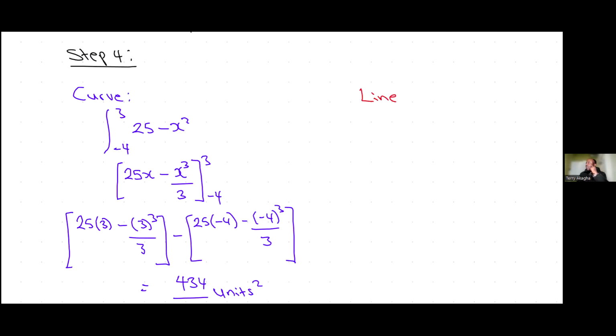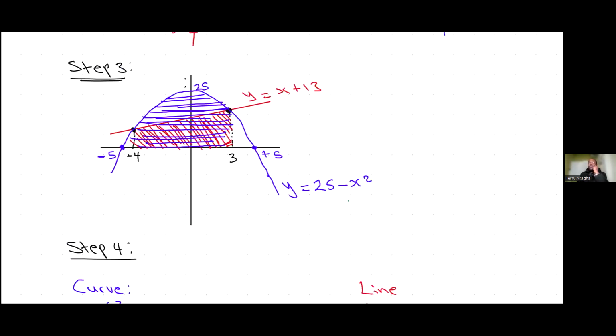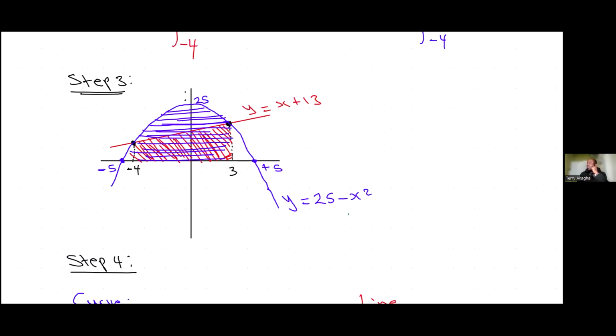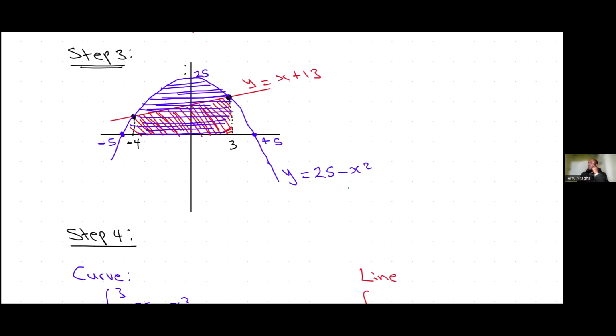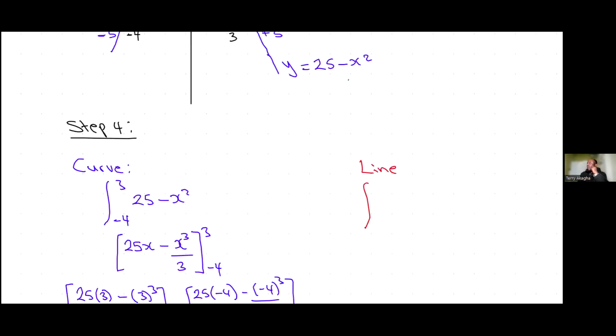And the line is the same thing between 3 and minus 4, 3 and minus 4 as well. So between 3 and minus 4, and that is x plus what? 13. So between 3 and minus 4, we have x plus 13.